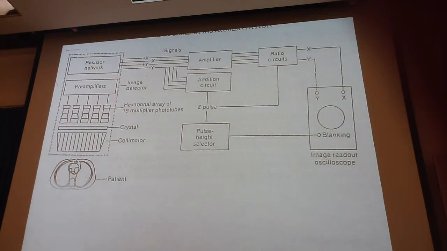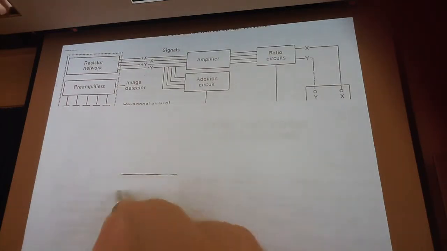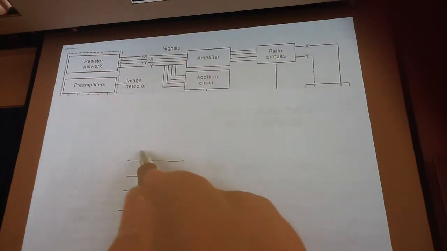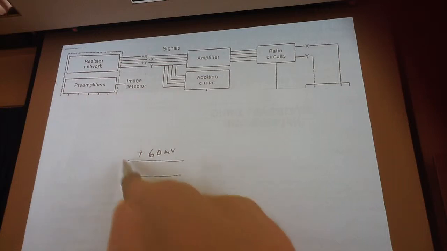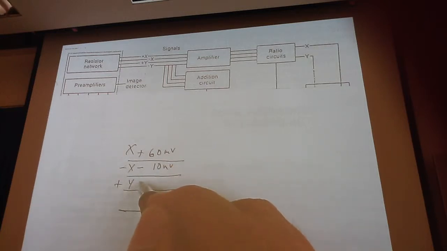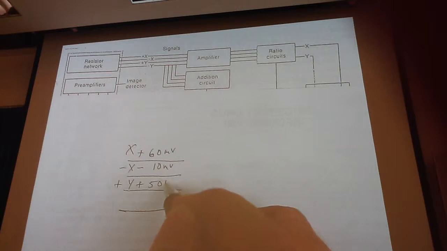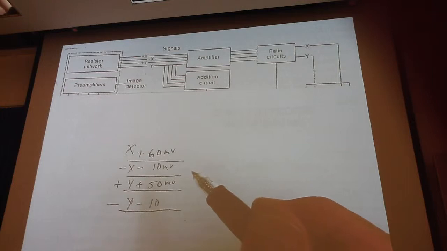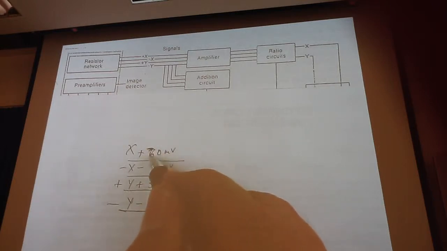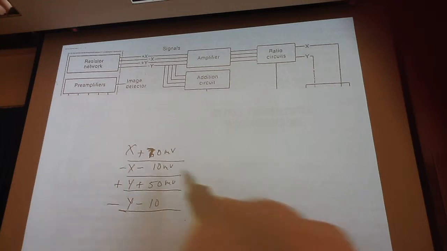Now, in the addition and summation circuit, if you remember before, I said the positive X had 60 millivolts, negative X had minus 10 millivolts, positive Y had 50 millivolts, and negative Y had minus 10, oh wait a minute, did I screw that up? No, you got it right. Or was this 70? No, it was 60. Was it 60 or 70? It was 70. Yeah. Y plus was 60. And this was 60.